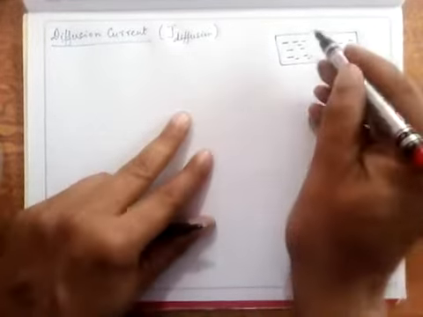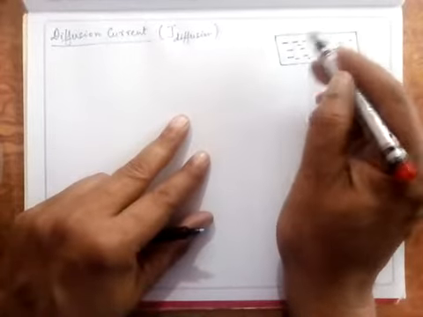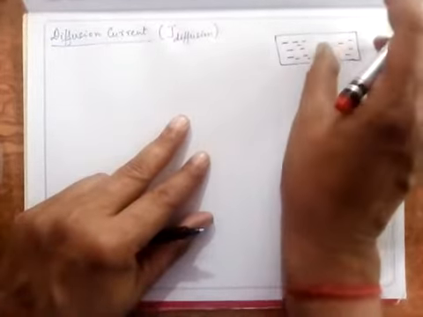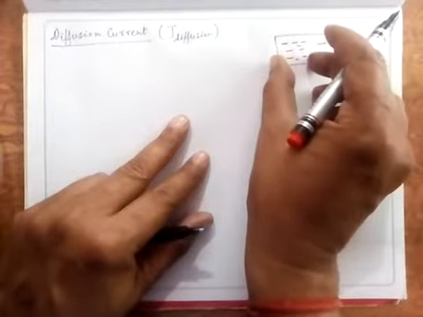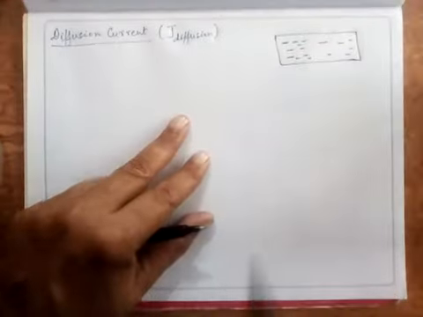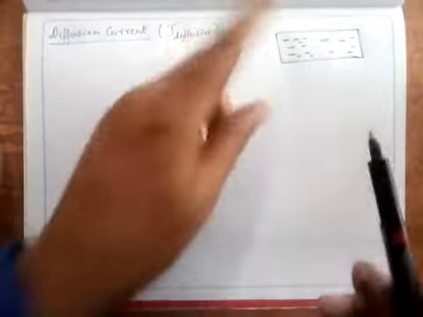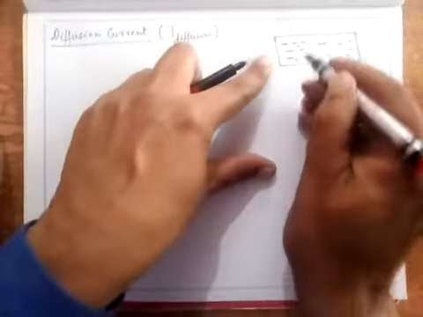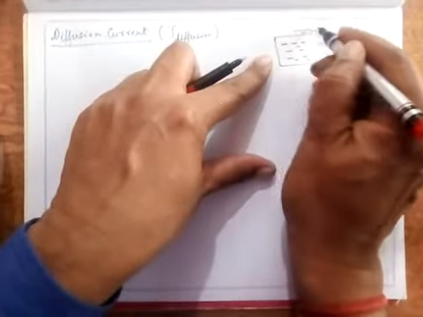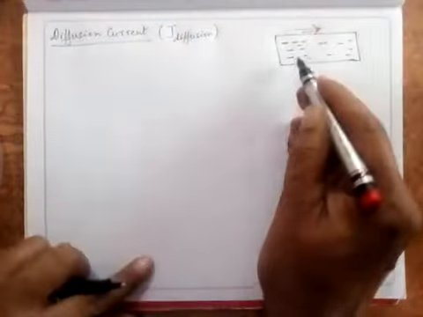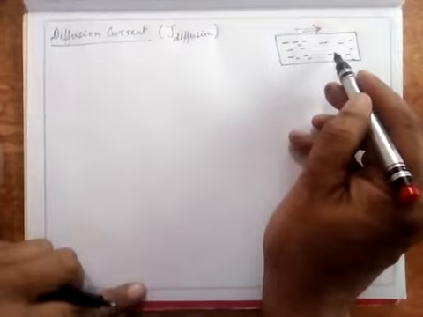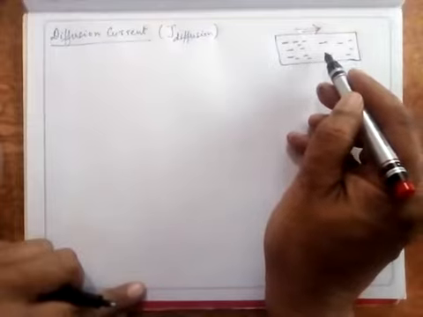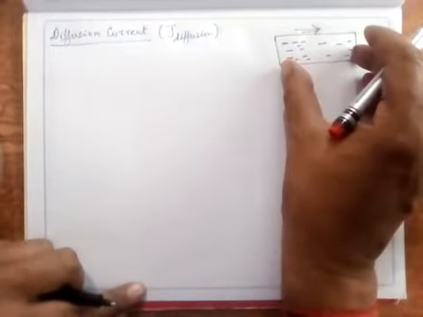That is, you have a large number of electrons in this area and a comparatively smaller number of electrons in this area. So naturally these electrons diffuse from higher concentration to lower concentration, till equilibrium is maintained, of course.